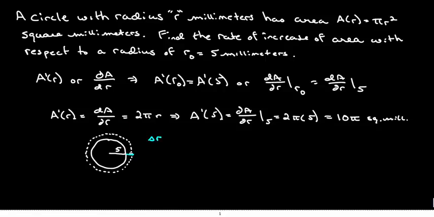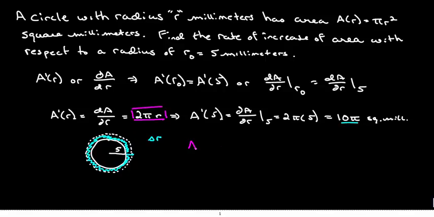So this right here is delta r, and the change in the area is this right here. And when delta r is really small, that change is 10 pi. But what's interesting about this, notice that the change in the area for delta r being really small is the formula for circumference.